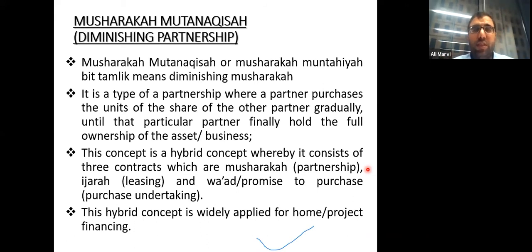So, musharika mutanaqisa actually consists of three Islamic contracts. But you know, the meaning is just simply diminishing partnership. That's not so much hard.